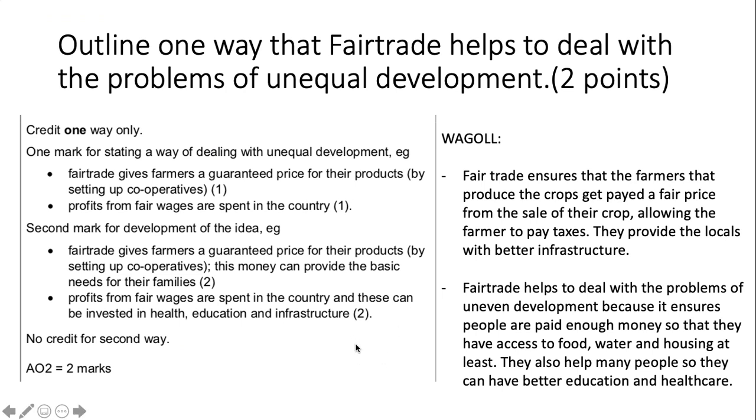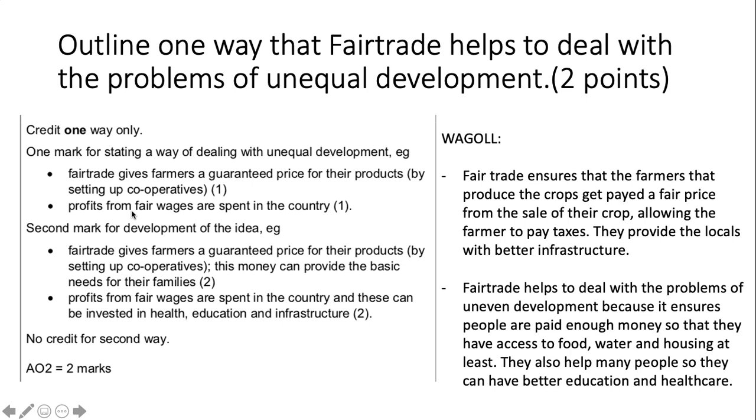Outline one way that fair trade helps to deal with the problems of unequal development. So again, there's 2 points. Before I get into that, so it's 2 points, 2 marks. So you just need to make a statement and develop it.